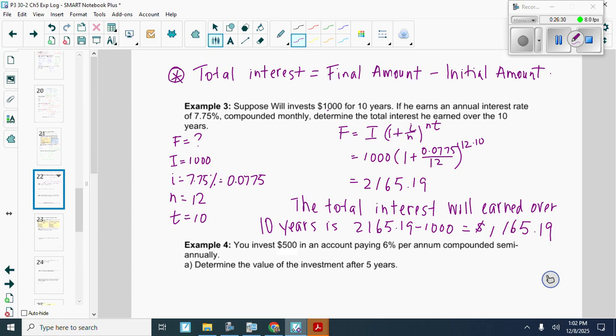This is not a get-rich-quick kind of finance. So you took the total amount that he earned, subtract off the initial $1,000 in order to get what the interest was. We needed to know this in order to do the question.